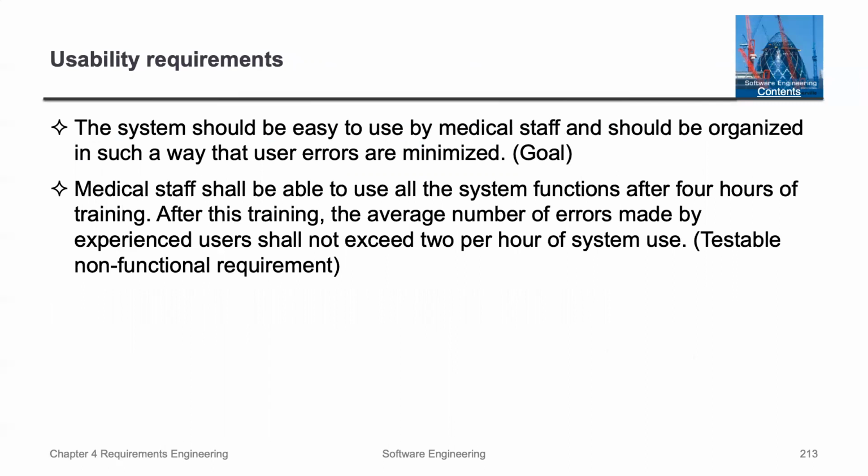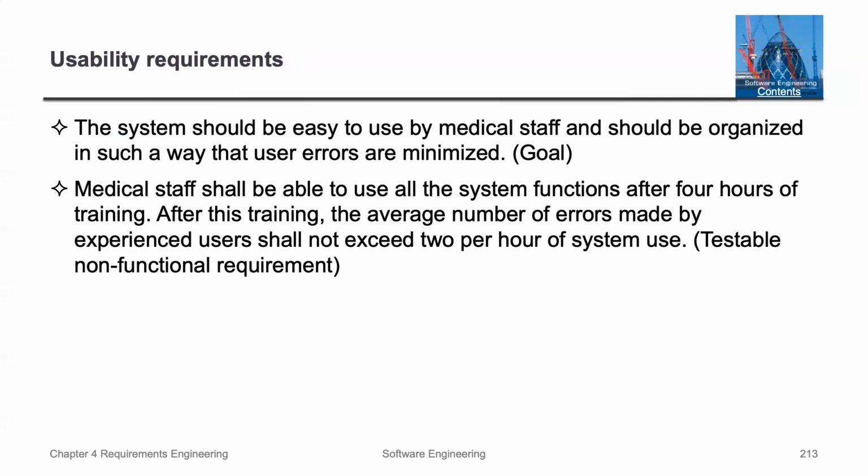What about usability requirements? The system should be easy to use by medical staff and should be organized in such a way that user errors are minimized. That would be a goal. The medical staff shall be able to use all of the system functions after 4 hours of training. After the training, the average number of errors made by an experienced user shall not exceed 2 per hour of system use.